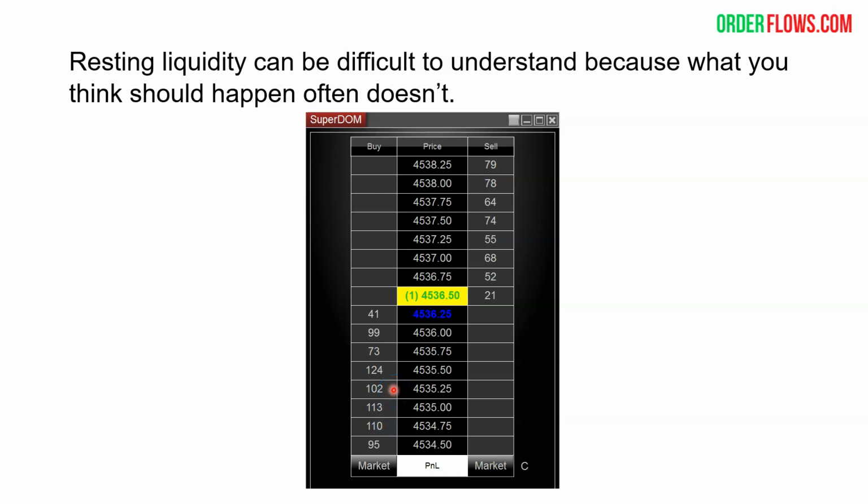But what they fail to understand is what is happening in the market. You have these bids, right? You have these execution algos, these smart, computerized programs out there. They're working these bids in here, but the market's starting to trade down. So what they do is they pull that liquidity out.